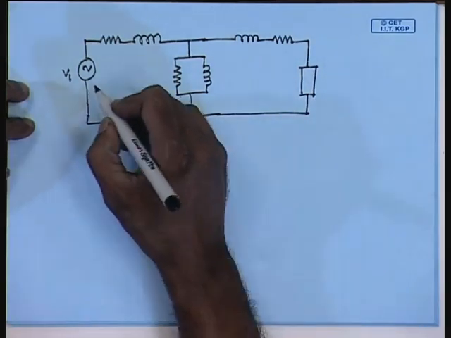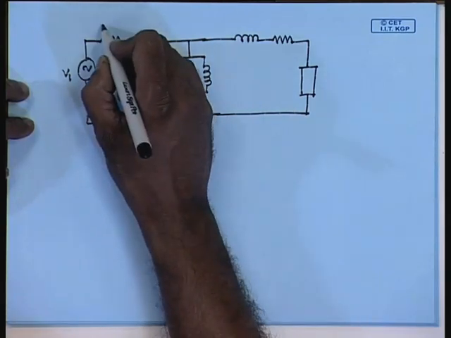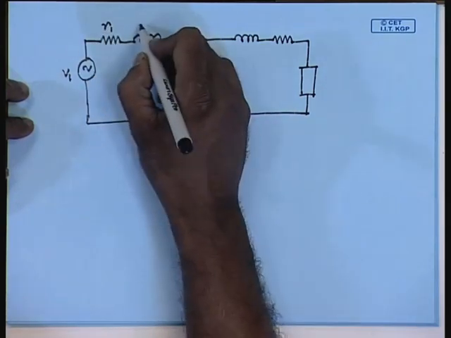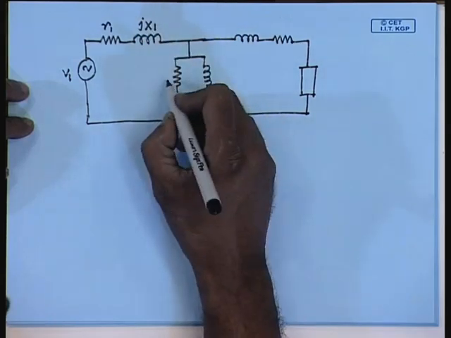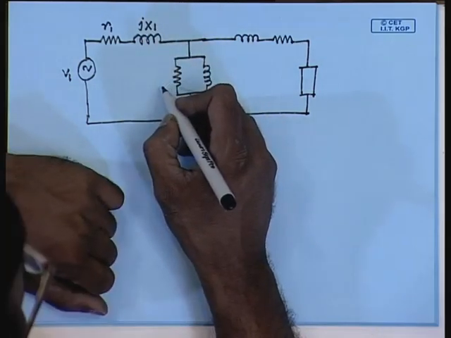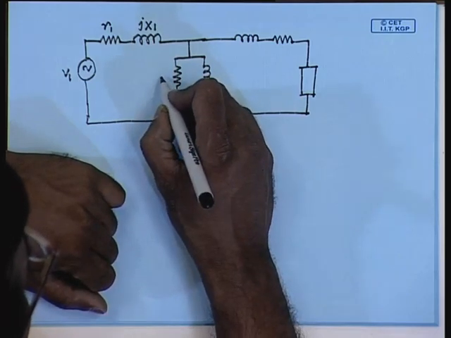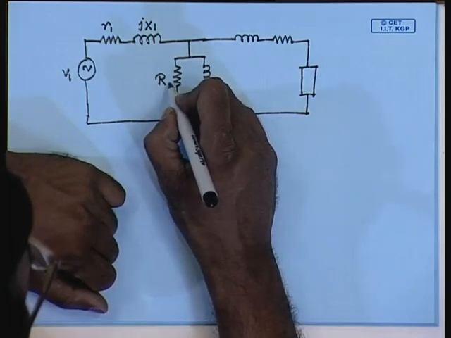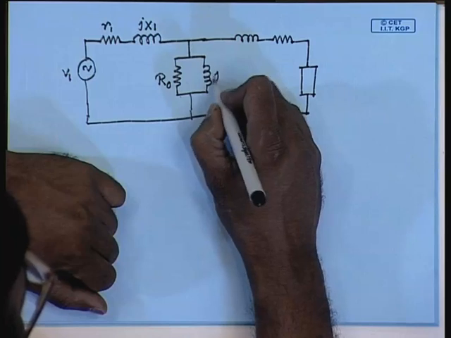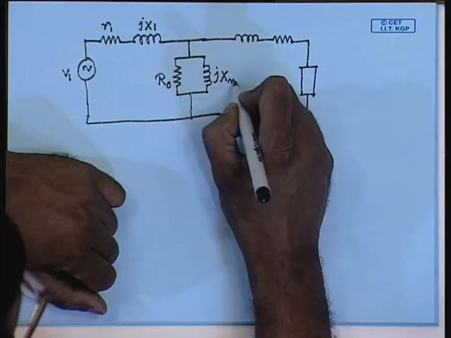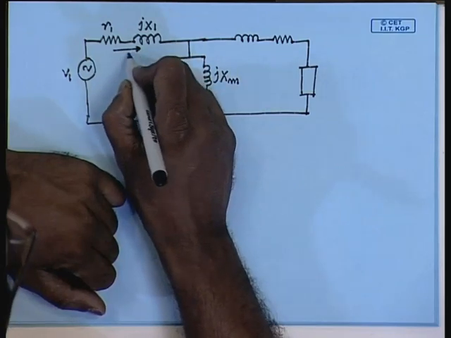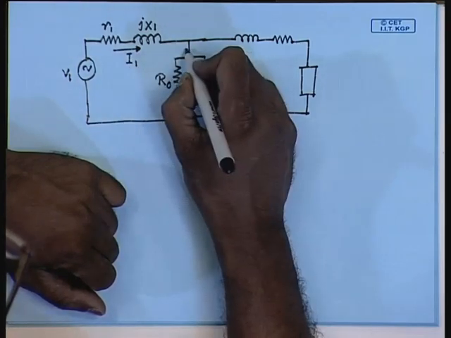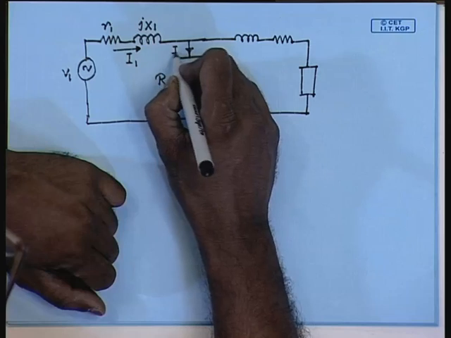So, primary voltage will still be V1, primary winding resistance will be R1, leakage reactance will be jX1, core loss resistance and magnetizing reactance are also generally referred to the primary. So, this will remain R0, this will be jXm. The primary current will be I1, no load current I0.